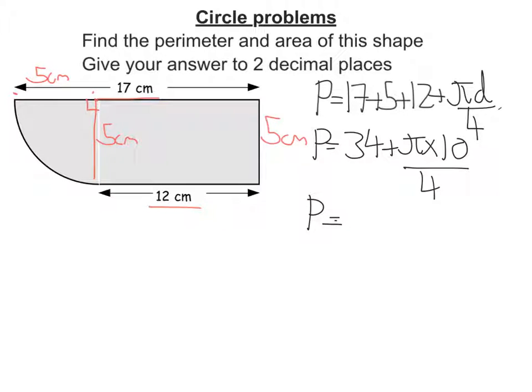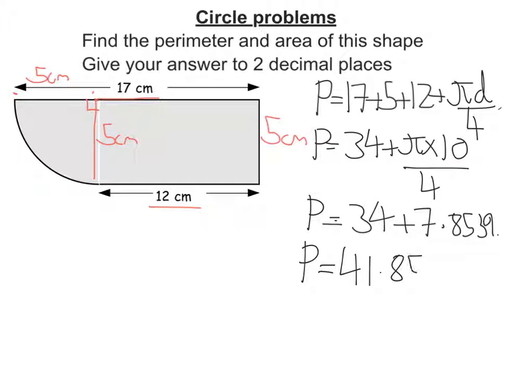And putting that into my calculator, I'm going to get 34 plus 7.8539, etc. Okay, and putting those two together, I'm going to get 41.85398, etc. And rounding it to 2 decimal places, I'm going to get 41.85 centimetres.